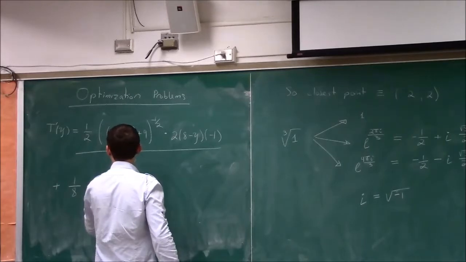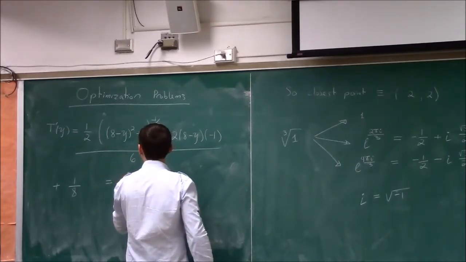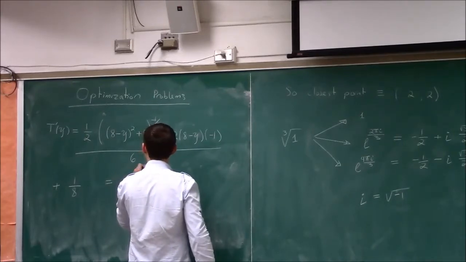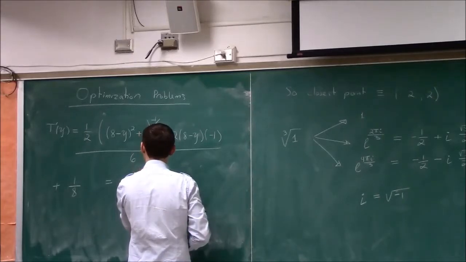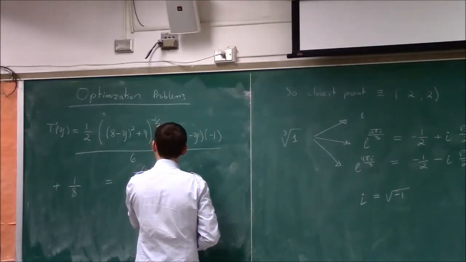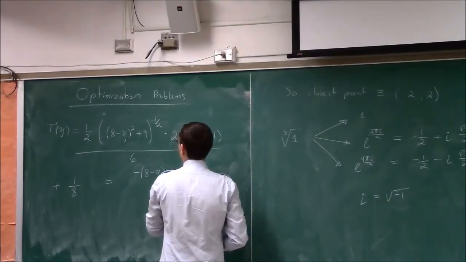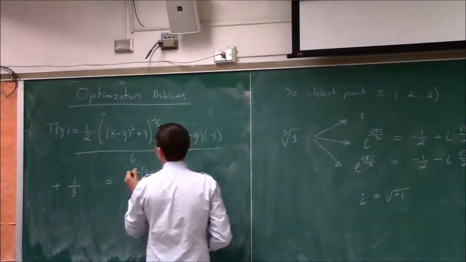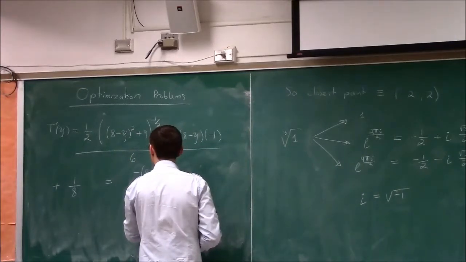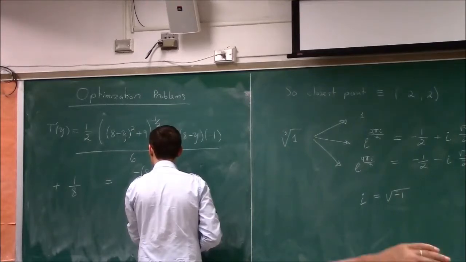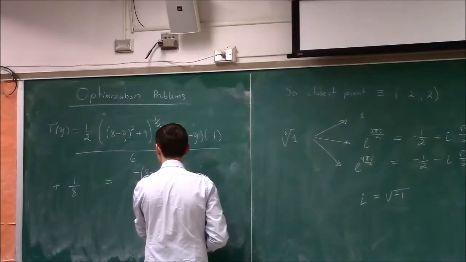So what we have is minus (8 minus y) divided by this thing, the square root of (8 minus y) squared plus 9.